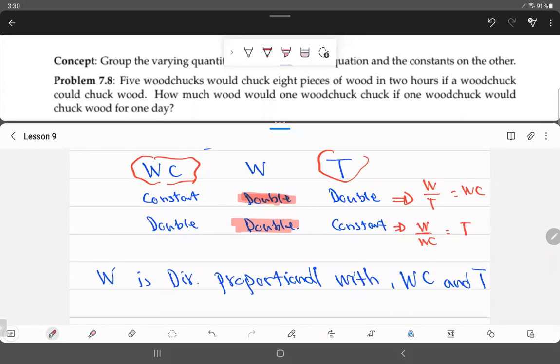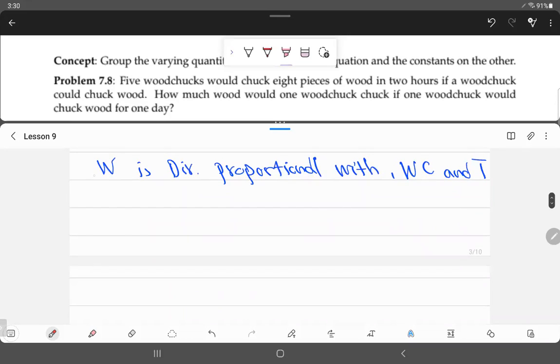So W has a direct proportionality with both of them. So the first thing we did is understand the relationship between the three variables. We found that the number of pieces is directly proportional with both variables, WC and T. What does this sentence mean? W divided by WC times T has to be constant all the time. This is the meaning of this sentence. Do you agree?